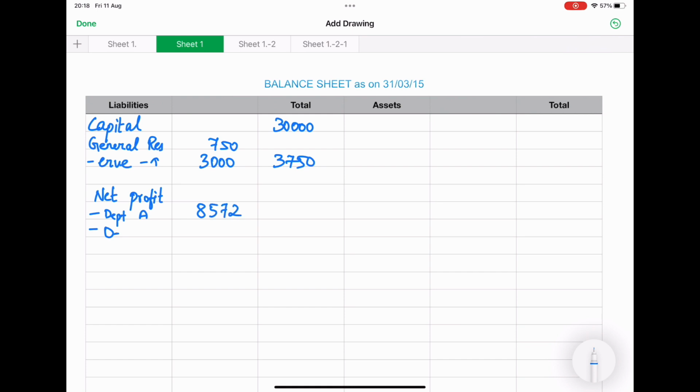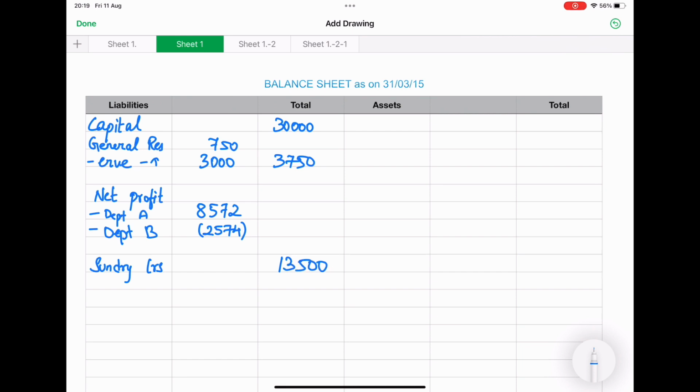For department B, sustained loss of 2,574. Next we have sundry creditors in the question, in the outer column: 13,500.